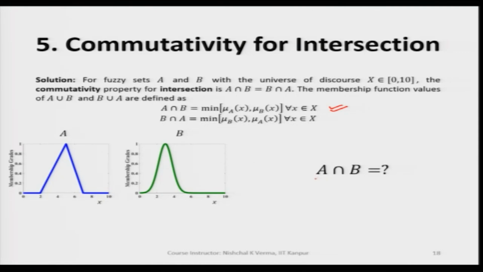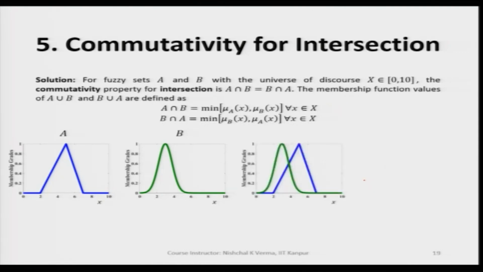So, A intersection B we are going to get like this. This is A intersection B, which is represented by the red color fuzzy set. This is the outcome. Let me also make it very clear how we get that here.